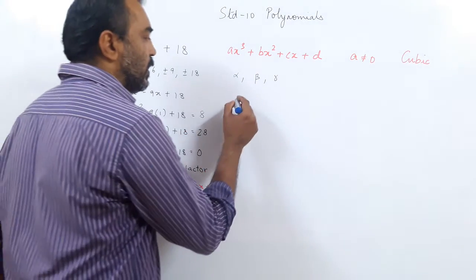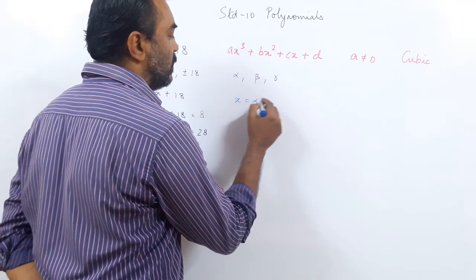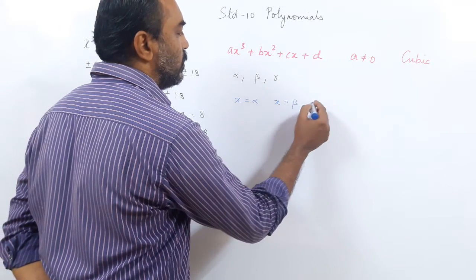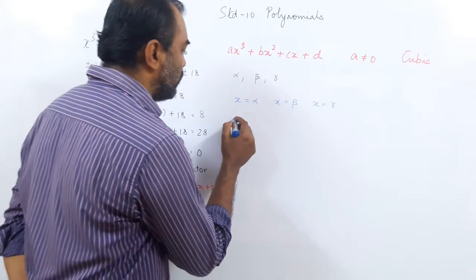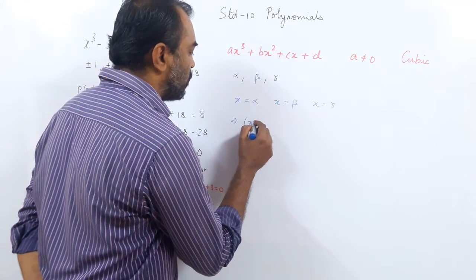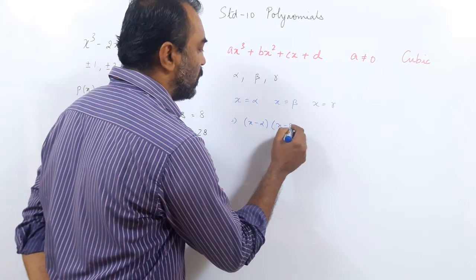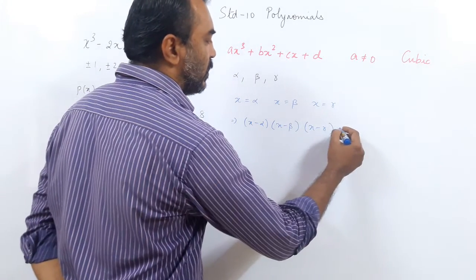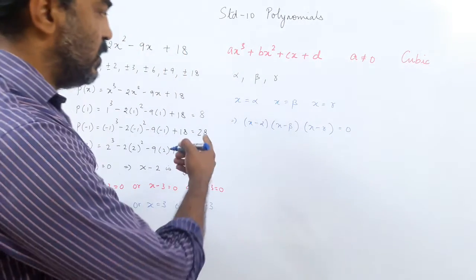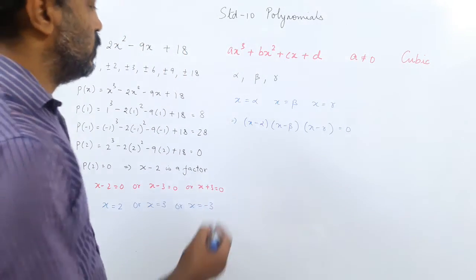Means x can be alpha, x can be beta or x can be gamma. Three roots. So this time what I will get? X minus alpha into x minus beta into x minus gamma. If I take equal to 0 for the three roots, when I take this I will get the polynomial 0.